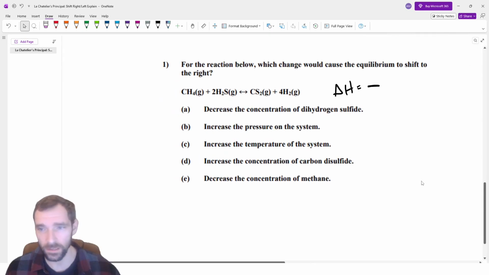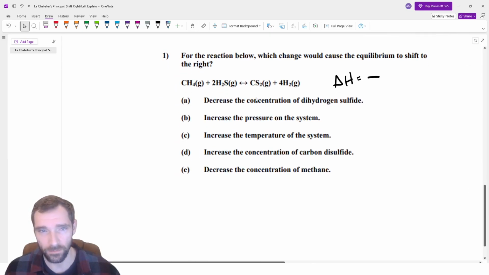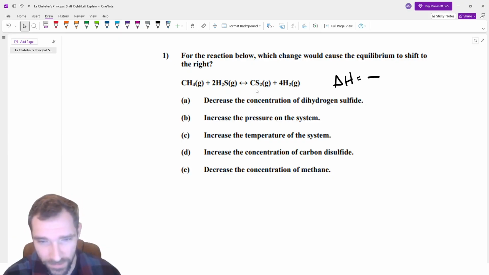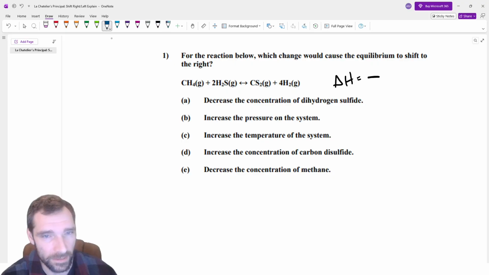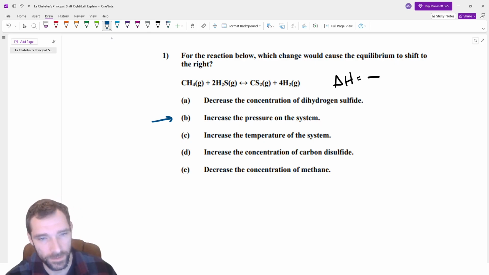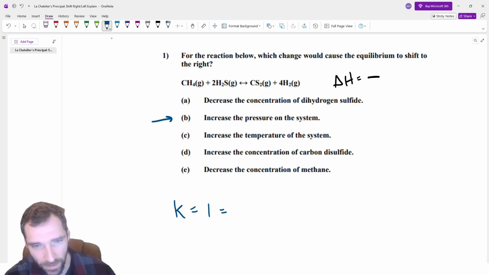If we then look at this, I really wanted to focus for this problem on the pressure change. So coming back to that, because I think the temperature and pressure changes are probably the trickier ones here for people. So if we're focusing in on this pressure change of the system, in this problem, let's do another K equilibrium that's equal to 1.